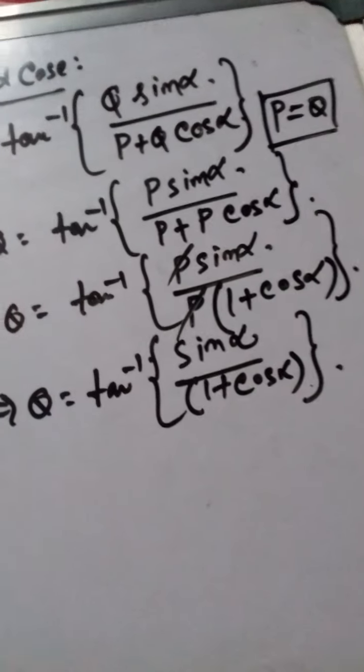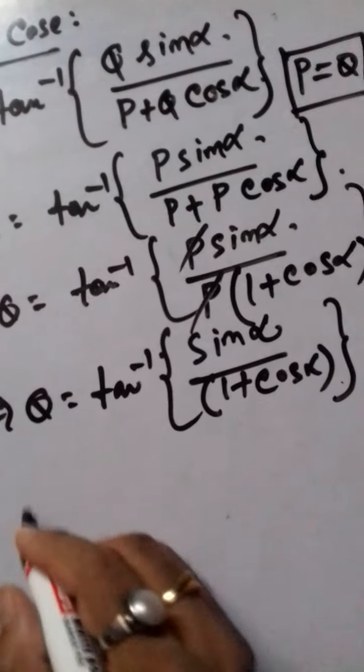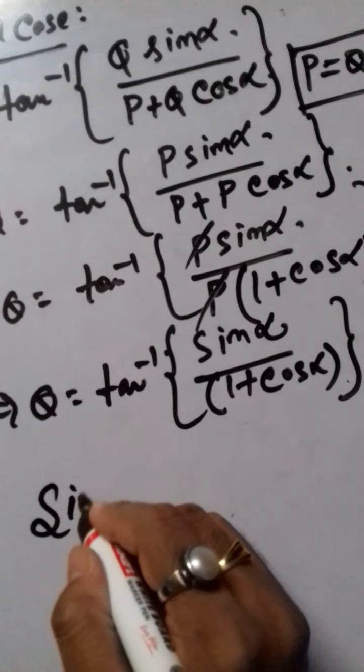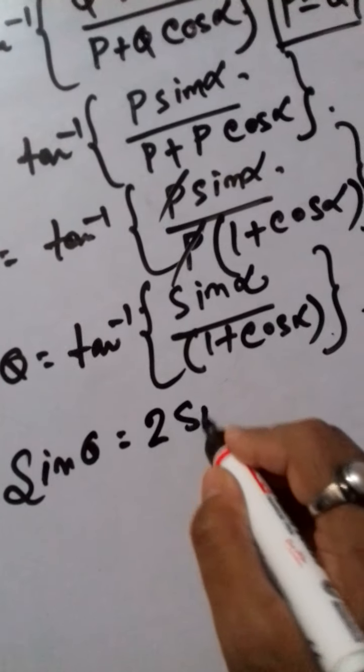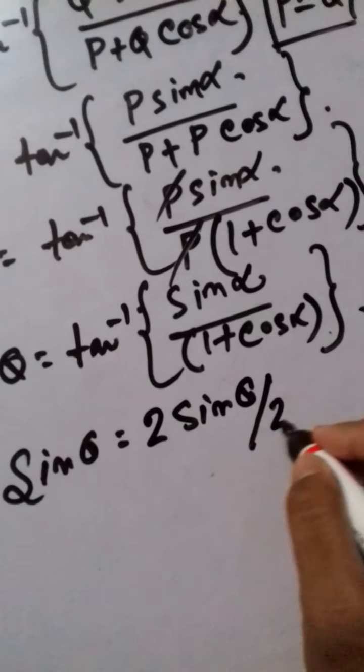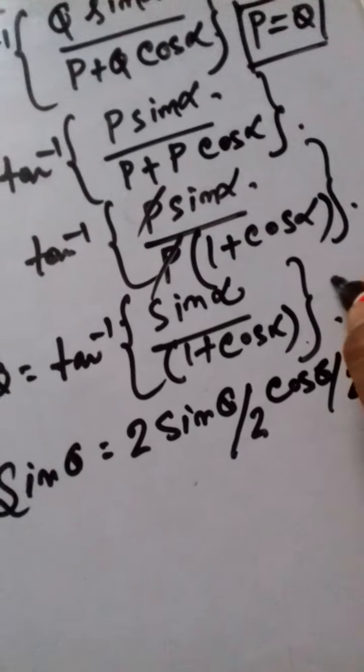Now, by the simple trigonometric formula we know that sine alpha is equal to 2 sine alpha by 2 cos alpha by 2.